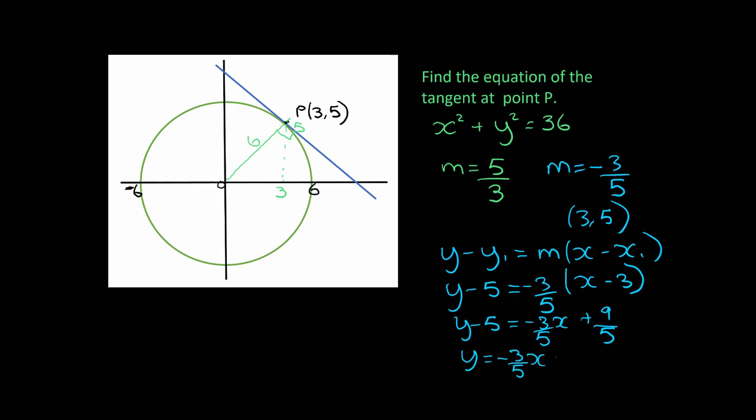I've got to add 5 to both sides, and 5 in fifths would be 25. 25 and 9 is 34, so I'm going to write that as 34 over 5. But the key points here: we're finding the gradient of the radius first, and then inverting it and making it the negative form to get the gradient of the tangent, and then we can find its equation.